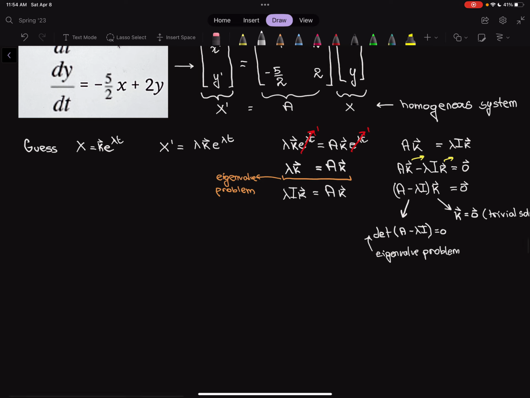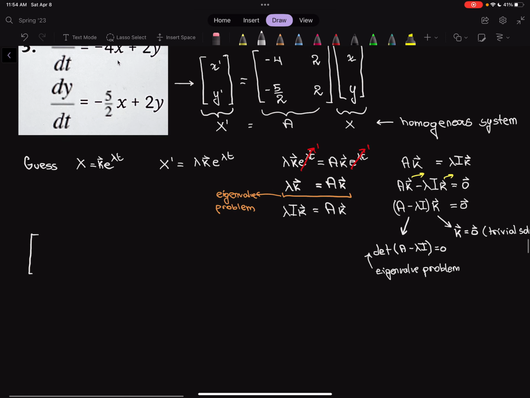So this is what we're doing to solve our homogeneous system. So let's solve that. How do I indicate the determinant of A minus lambda I? Well, I'll do that later. So we have A. What is A? Well, we said A is -4, -5 halves, and 2 and 2.